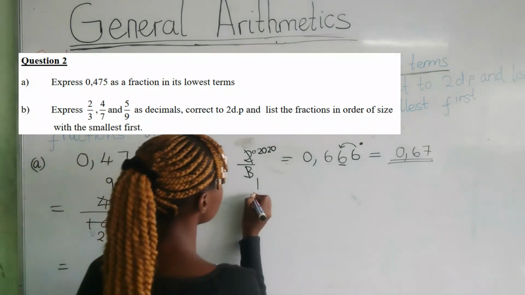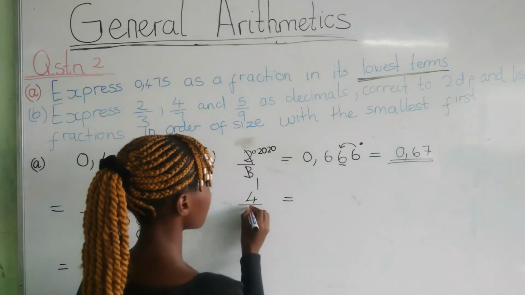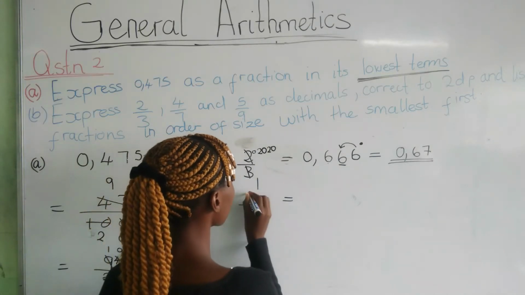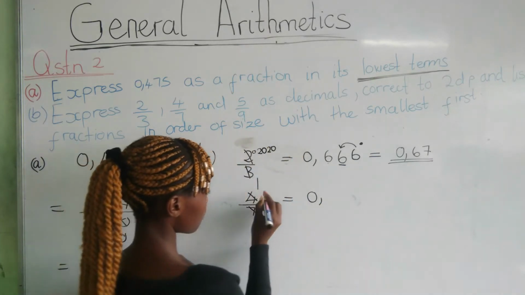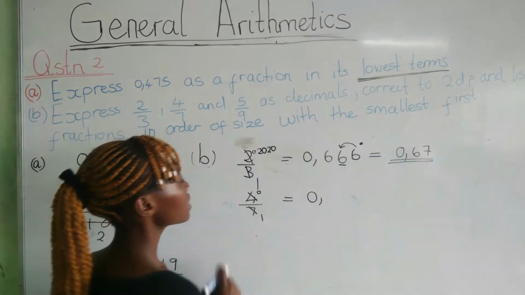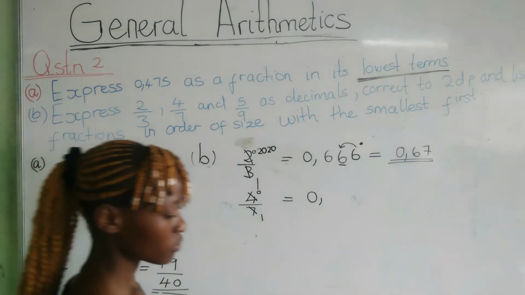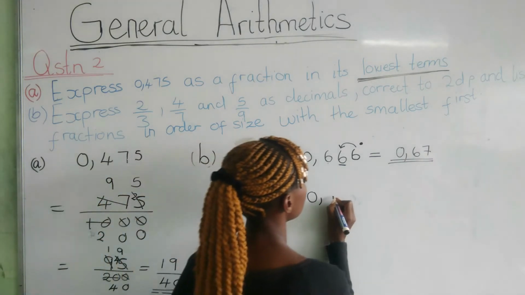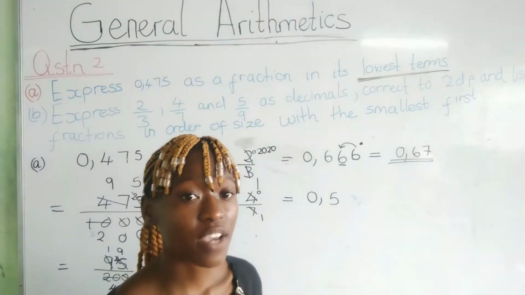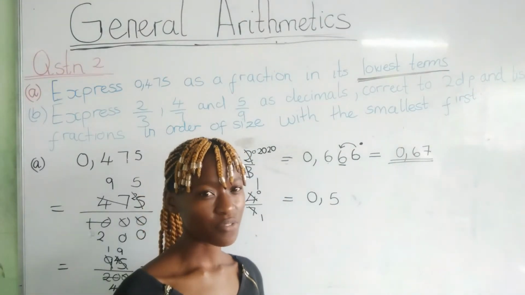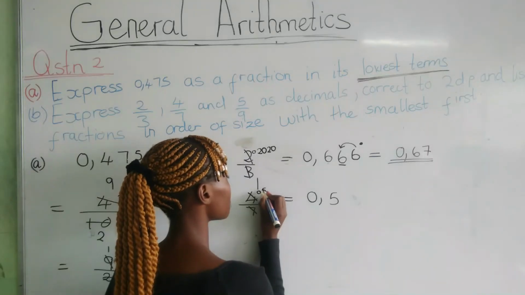So for 4 over 7, we simplify again. 7 into 7, 1. 7 into 4, it's 0, comma. 7 into 40, we add a 0. 7 into 40 gives us 5. 7 by 5 gives us 35, leaving a remainder of 5.